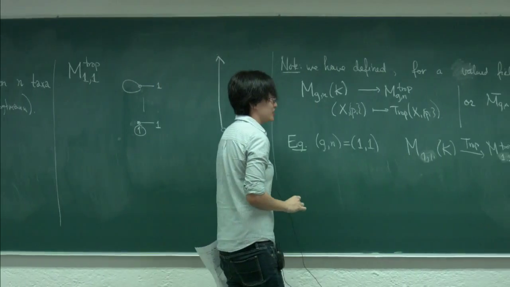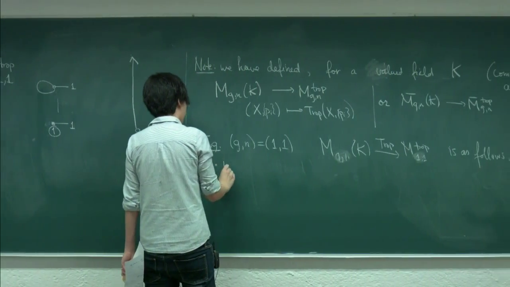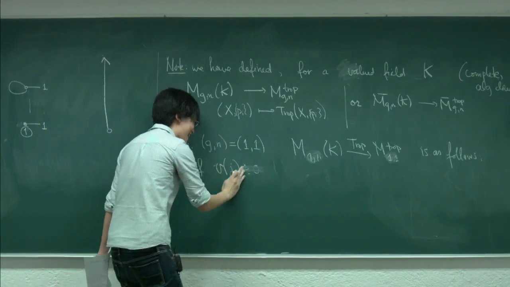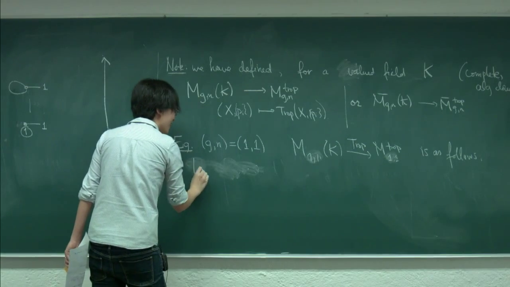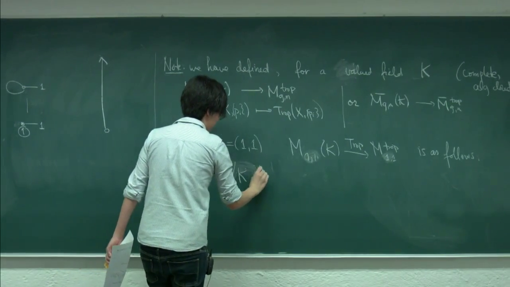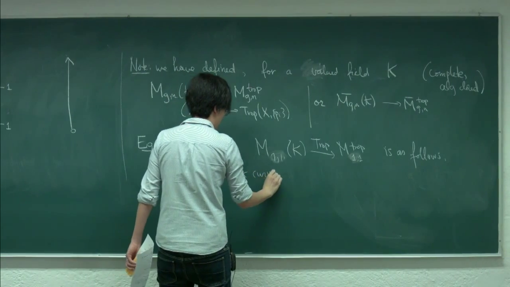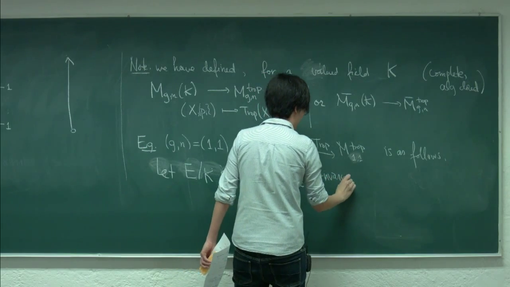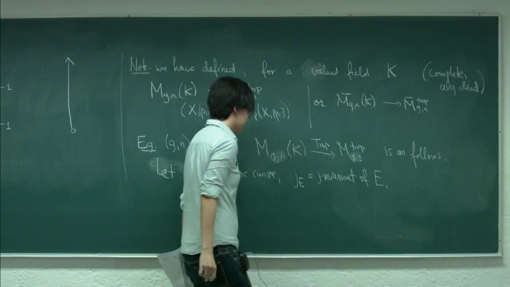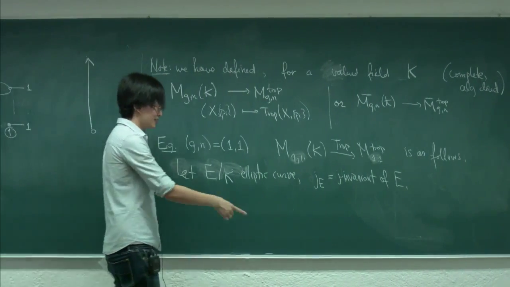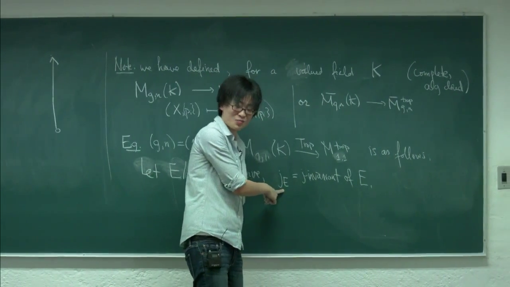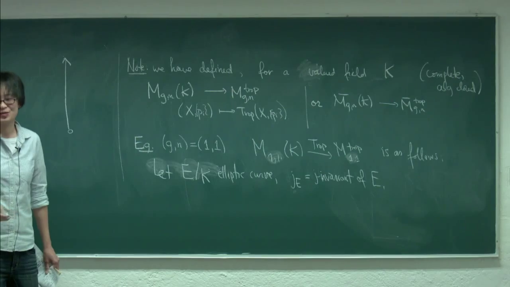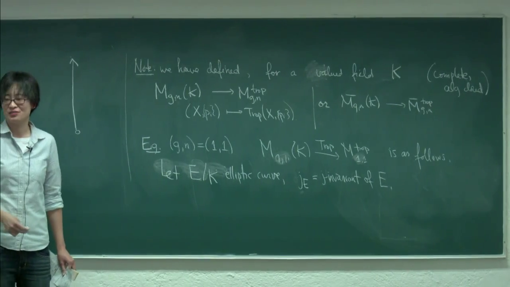And the story, though I don't have time to justify it, is as follows. Let E over K be an elliptic curve, and say j_E is the j-invariant of E. The j-invariant is some number in K that precisely identifies your elliptic curve up to isomorphism, so it is a parameter for the coarse moduli space of elliptic curves.